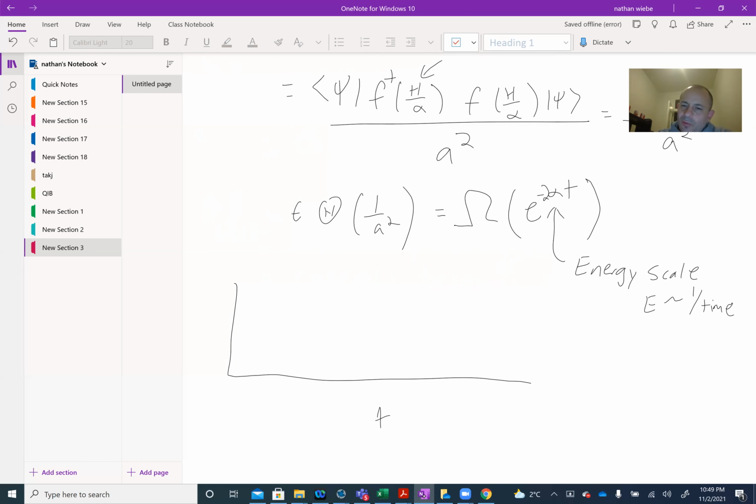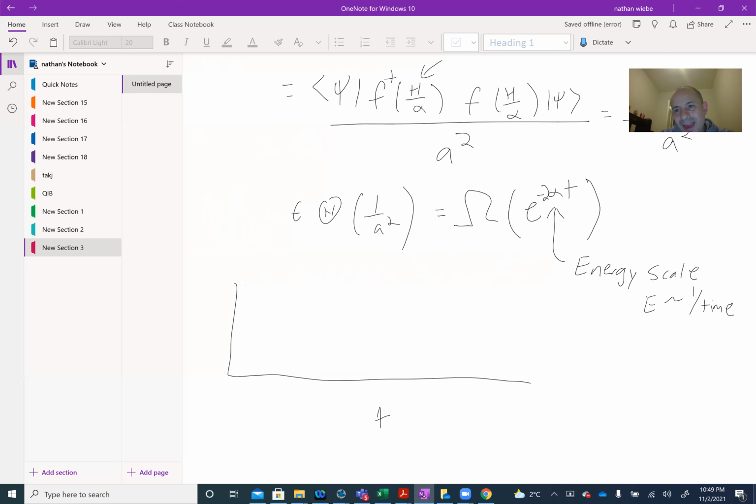So when the energy times the time, which is like the dynamical phase that the system picks up, starts becoming large, then the probability of success dies incredibly quickly. So we're not going to want to do this if we want to do a long time simulation.